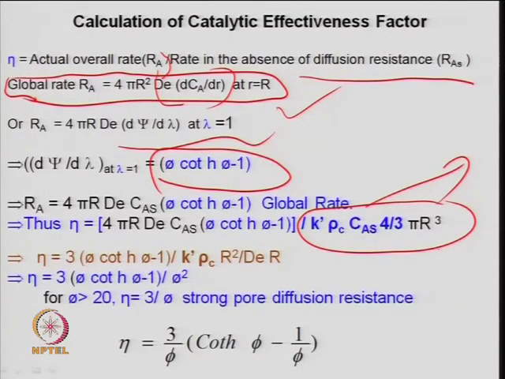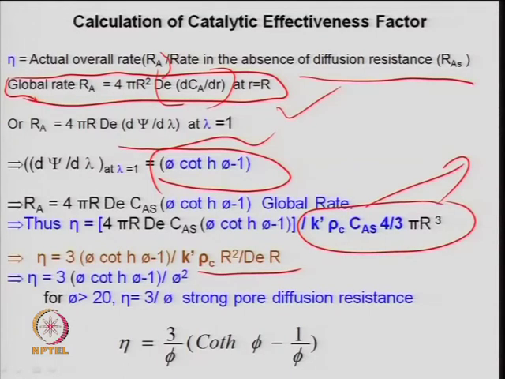So, when you take this ratio and simplify, because we want to write this value in terms of φ, right. So, φ is defined as R under root of k by D for a first order reaction. So, this expression will give you something like k' ρ_c R² divided by D_E, and this is what we want to write in the form of φ², right.